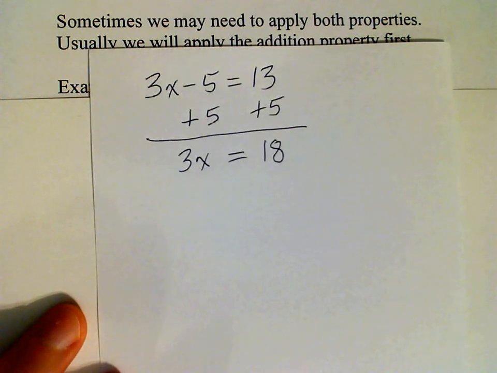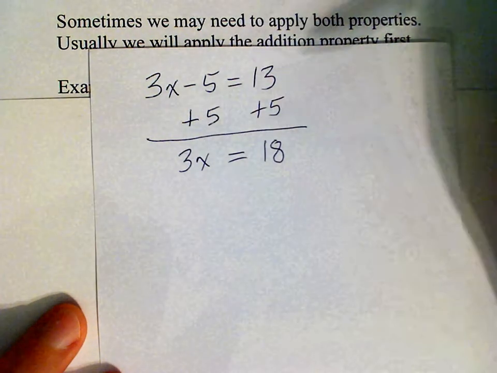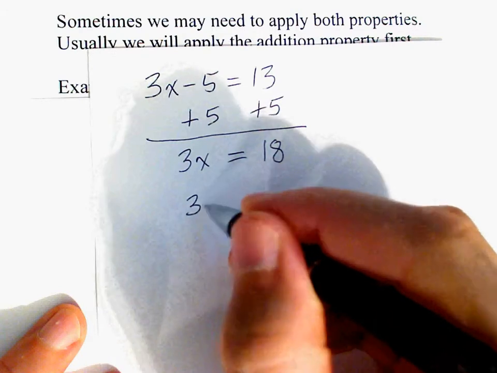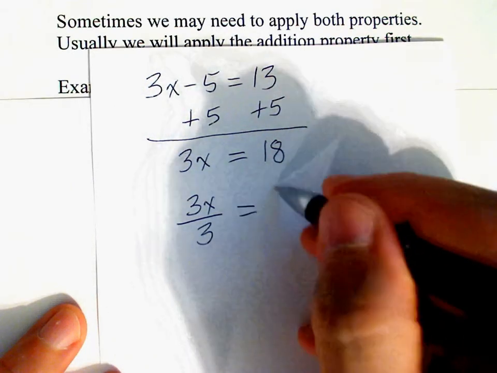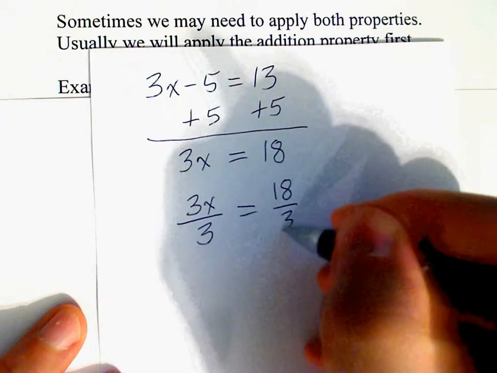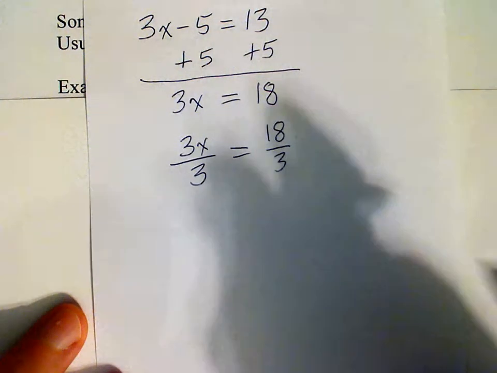Now we're in a situation where we need to use the multiplication property. We see that 3 times a number is equal to 18. So if we divide this expression by 3, 3x divided by 3 equals 18 divided by 3. Right, doing the same thing on both sides of the equation.